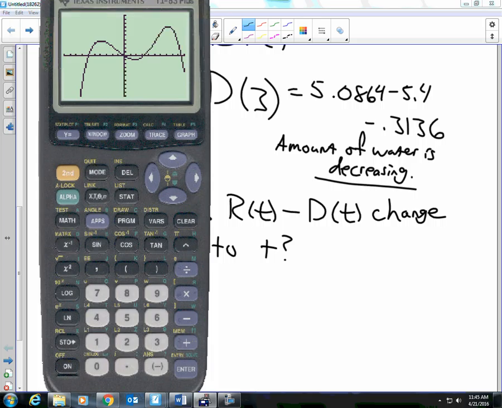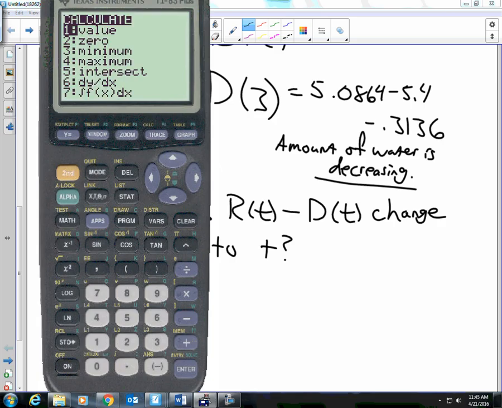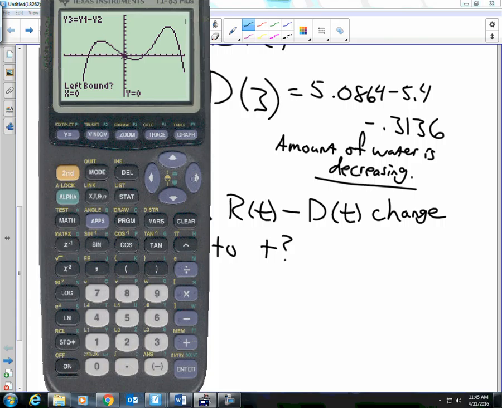How would I find that spot? So I can calculate number 2, the zero. I go to the left bound, which we declare right here, and the right bound, which we declare right there. And we get 3.272.